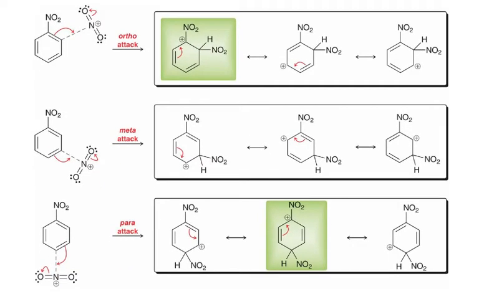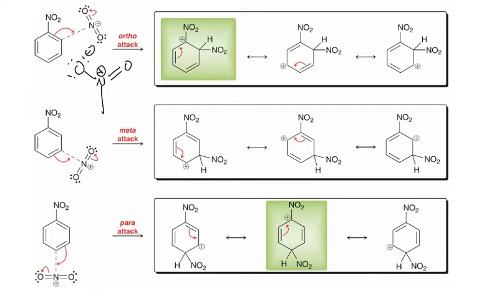And so when we compare these resonance structures, we've highlighted these two in green for when the nitro adds in the ortho and para positions. These are particularly unstable resonance structures. The reason being, if we remember that in a nitro group, it looks like this.